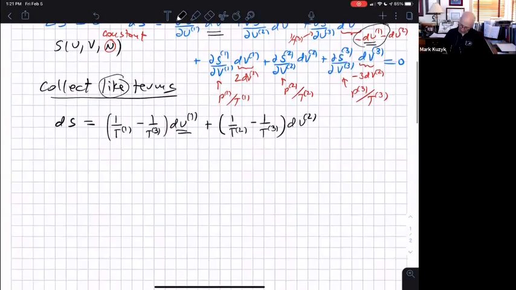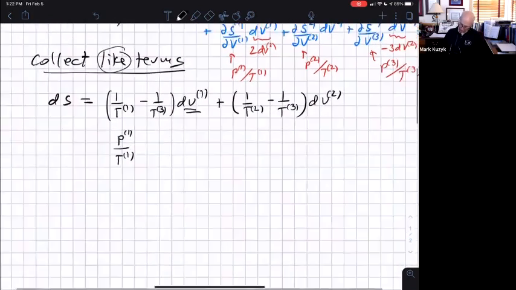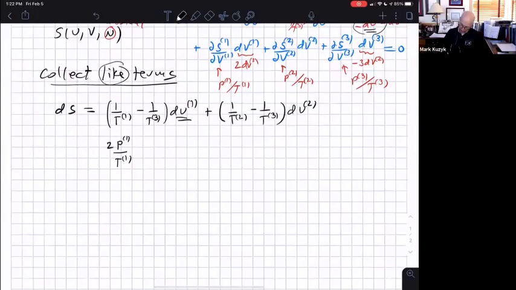And then for the pressure terms, we're going to get pressure 1 over temperature 1, and there's going to be a 2 here.